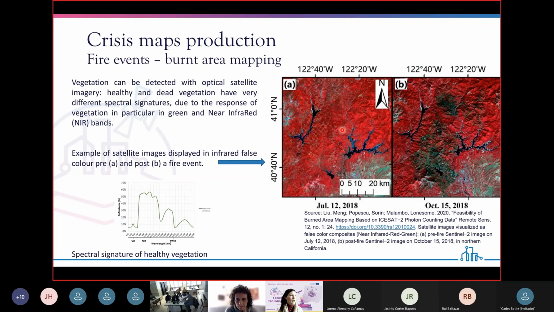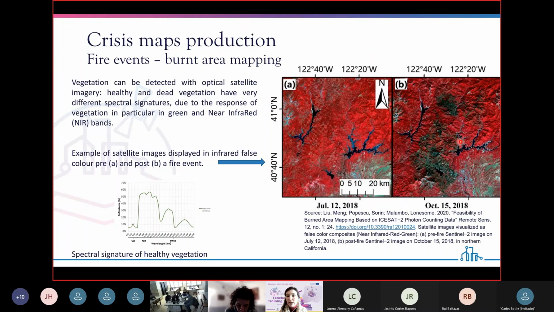So for example, grass looks brighter than a forest. A forest of conifers looks brighter than a forest of pines, okay? So depending on the type of vegetation, you have different shades of red in the infrared false color representation.